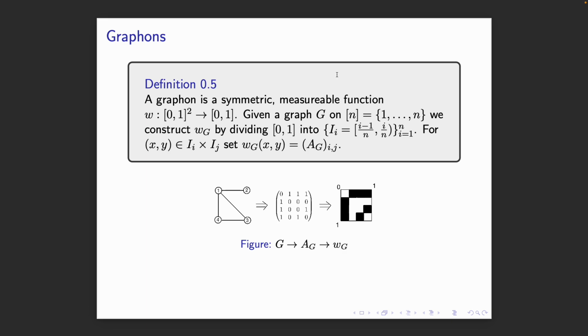But how you construct this: let's say your graph is on n vertices. You're going to partition the unit interval [0, 1] into n subintervals of length 1 over n. And then you are going to assign the product of the ith interval and the jth interval with the value of the ij entry of the matrix. So we're just embedding the matrix into a higher dimensional space, almost.